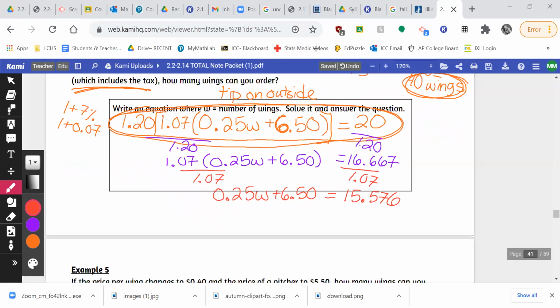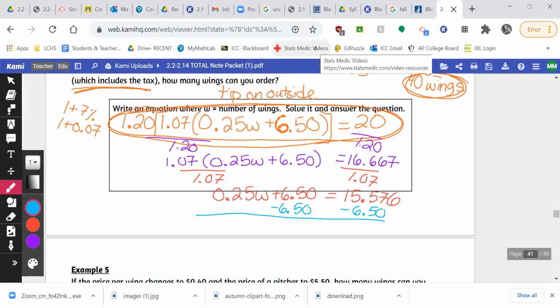Okay, now I don't have parentheses to deal with. So I'm going to subtract 6.50 from both sides. And we get 9.076.